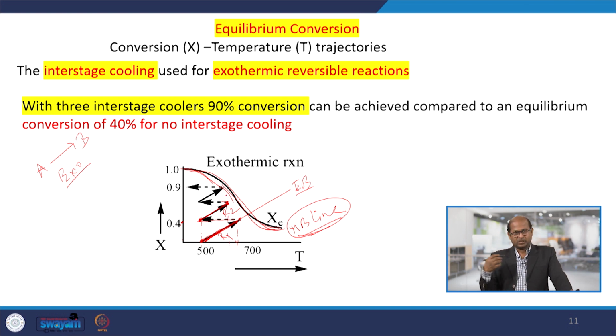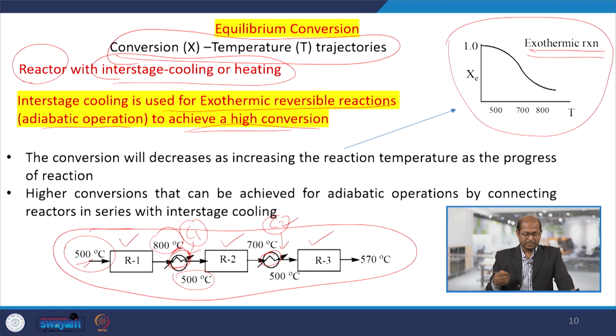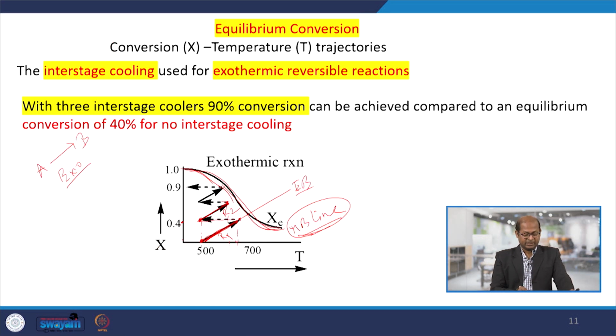Then again we take out all the material from the reactor, and the interstage cooler brings the temperature down from 700 to 500 degrees centigrade. Then in the third reactor we feed the reacting mixture, again the exothermic reaction takes place, and the temperature and conversion reach this point.